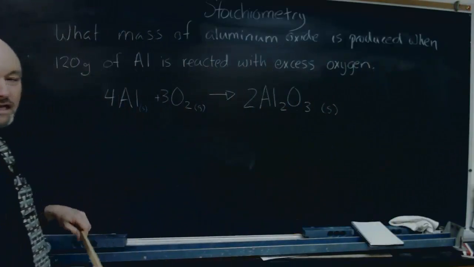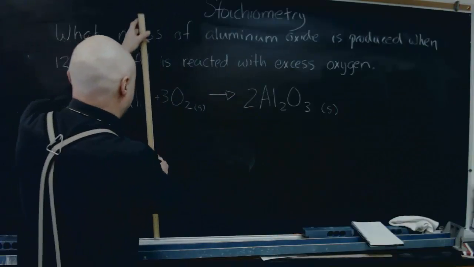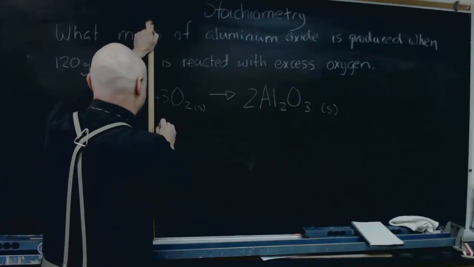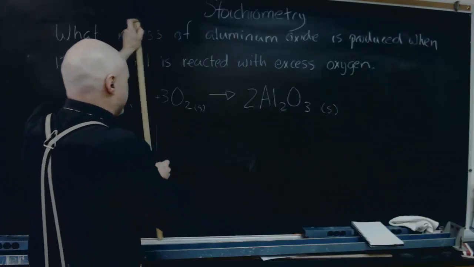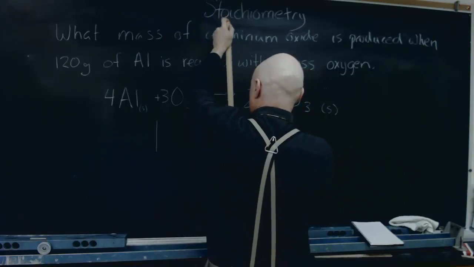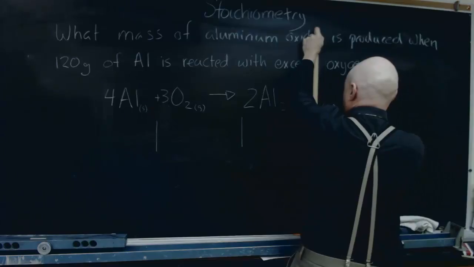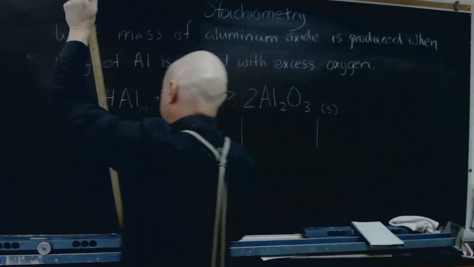In order for tomorrow's lesson to go a little bit better, I'm going to get you to put a table underneath this. Okay? The notion of the table is it's going to help you keep all the quantities and the ratios straight.